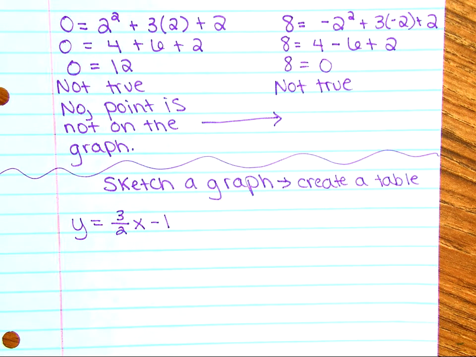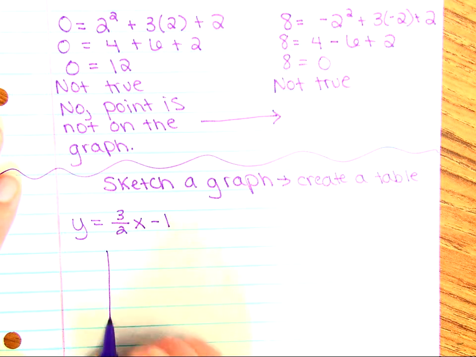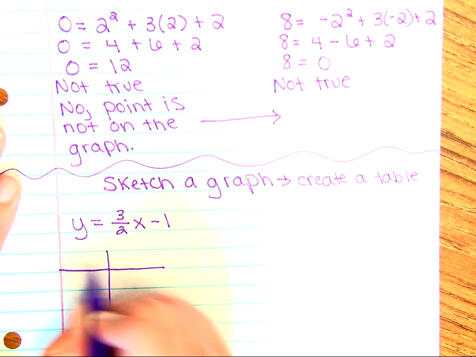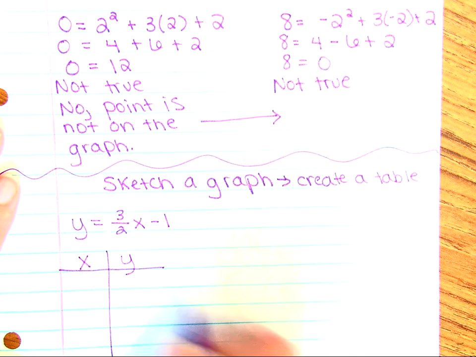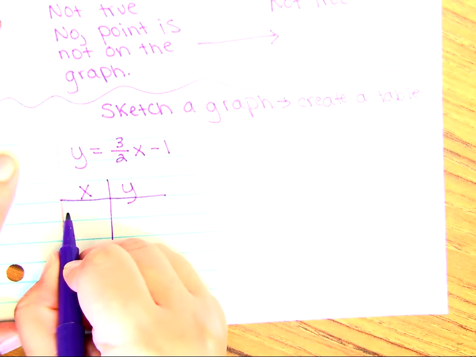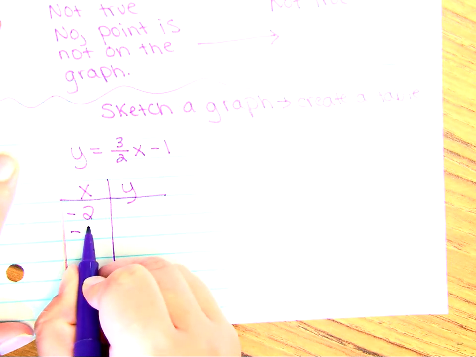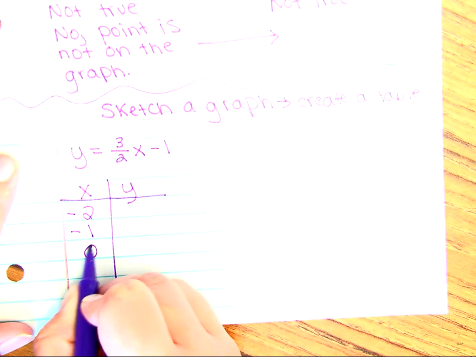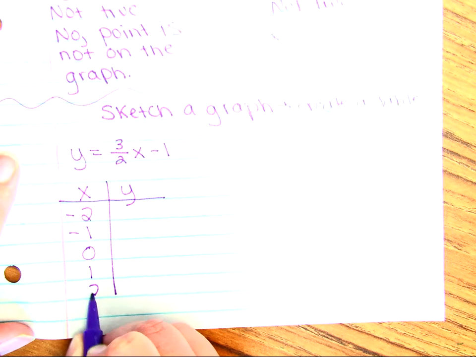So I typically like to pick some negative and some positive values so that you can see where things look not only at the origin but to the right and to the left. So here's my x values, y values. I will typically always pick negative 2, negative 1, 0, 1, and 2.